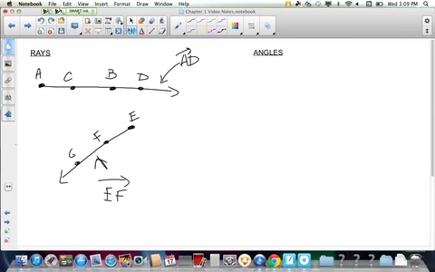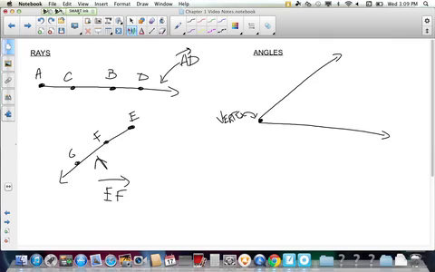So those are rays. Angles. Last thing with this section here. An angle is a combination of rays. It's two rays put together. So here's a ray, here's a ray. It's two rays that share an endpoint. That endpoint is what we call the vertex.